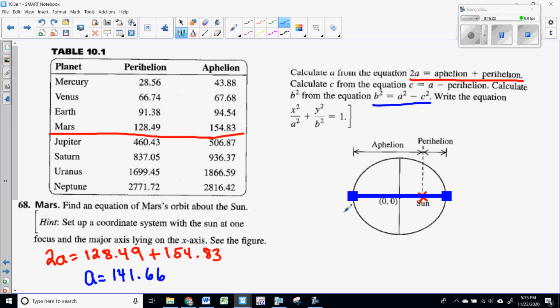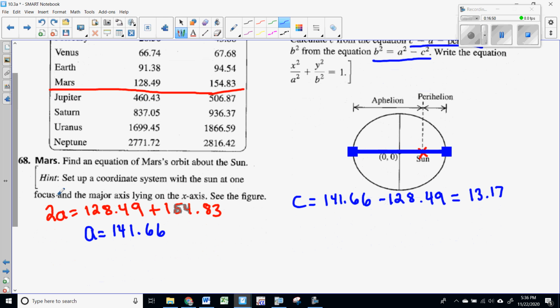Okay. So notice we got to find our C by this formula here first, which in this case, C is 141.66 minus the perihelion, which is 128.49, which gives me 13.17.